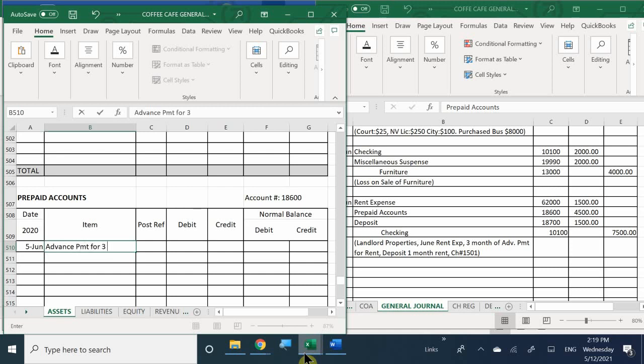for 3 months of rent, in parentheses, July through September. So now I have here that I have paid in advance for rent for 3 months: July, August, and September.